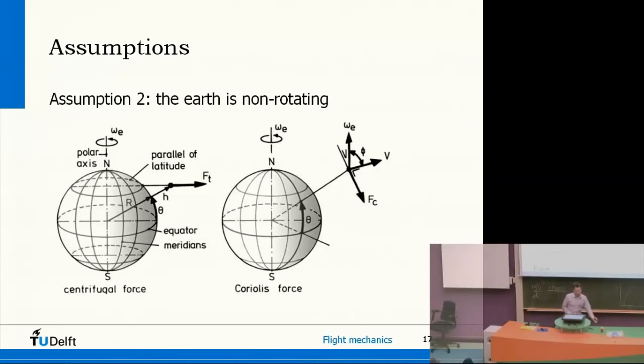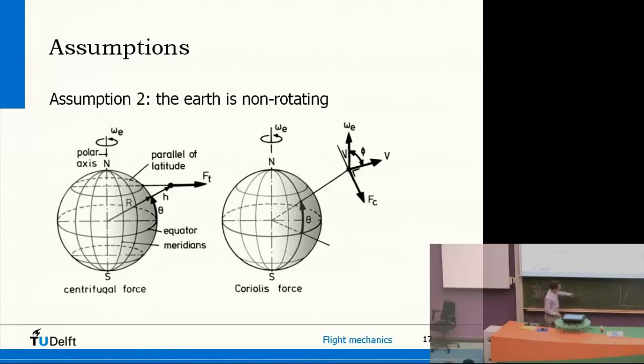And you can imagine, let's say you're somewhere over here at the equator, and you would move upwards. On the equator you're turning around quite fast if you just stand. And if you walk along the Earth's surface toward the north, then that rotational speed becomes less.